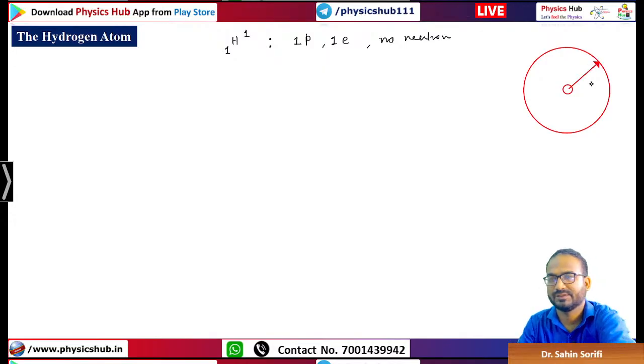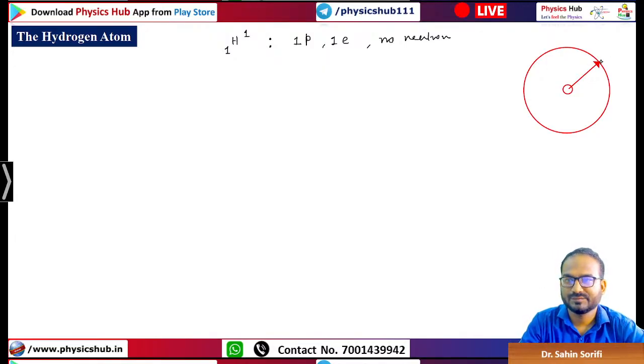Let's say we are also showing the electron. So here we have the electron of charge -e, and here we have a proton of charge +e. This is the proton we have, and this is the electron we have.